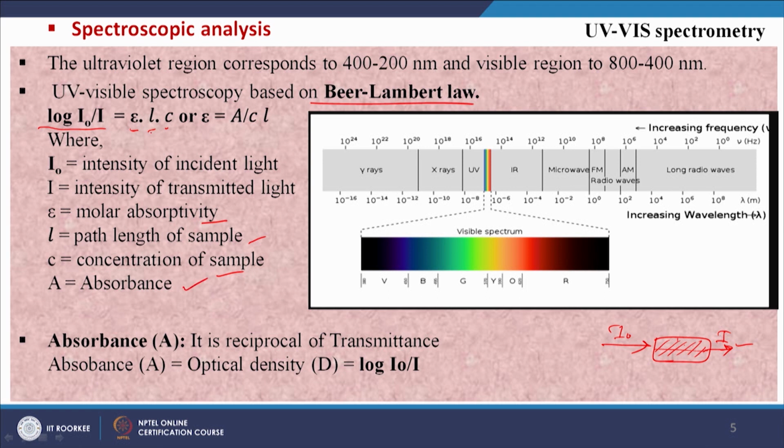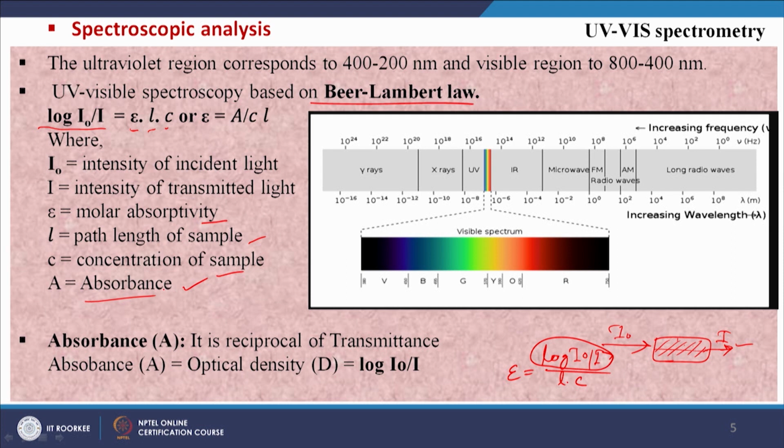So, this is the relationship. We get epsilon is equal to log I0 by I divided by L into C. Now, log I0 by I is nothing but the absorbance A.